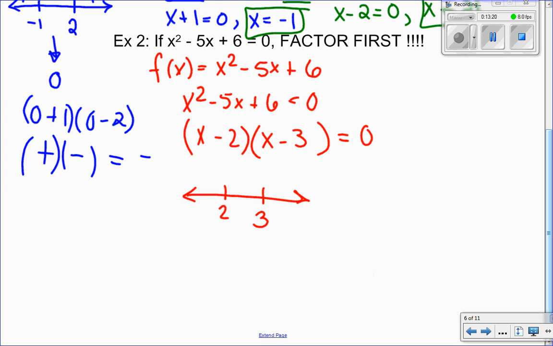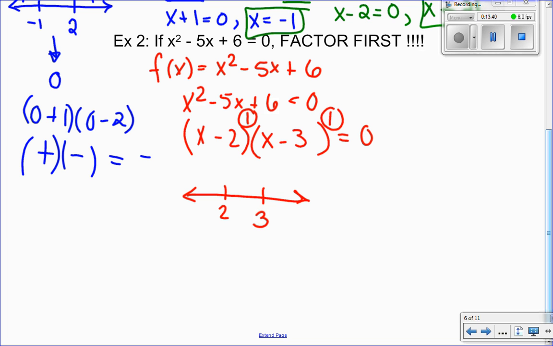We can plug them in our sign diagram, and then we can choose a number anywhere in this interval. And again, notice that we have odd powers. Our zeros are raised to odd powers, which means our sign diagram is going to alternate.